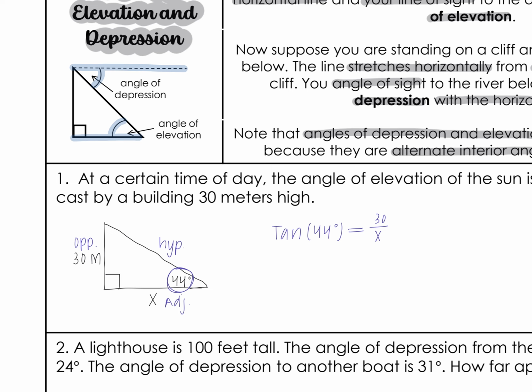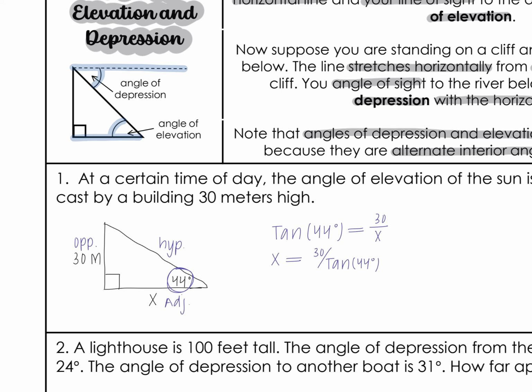And if you remember from our previous lesson, there was that quick shortcut where, when you are solving and your x is in the denominator, you can switch that with your trig function. So x is going to be equal to 30 divided by the tangent of 44 degrees.